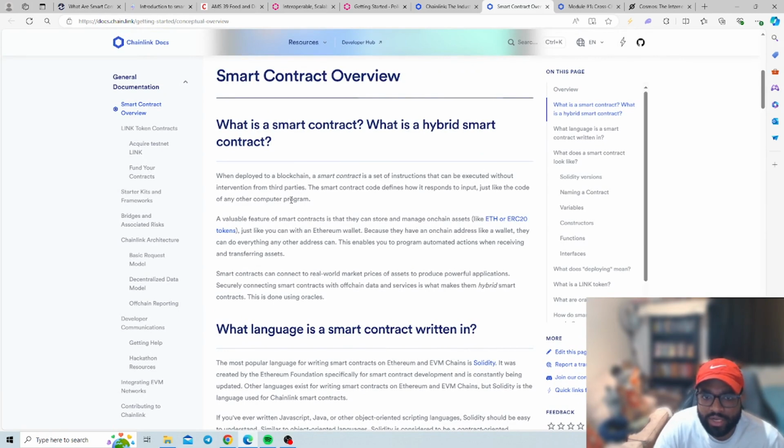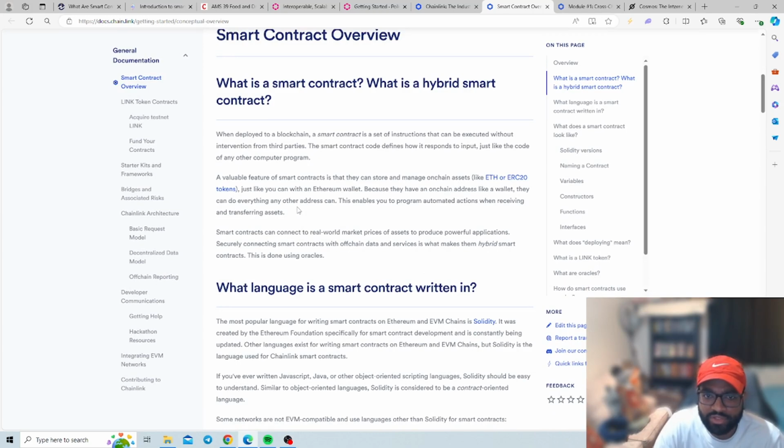When deployed to a blockchain, the smart contract is a set of instructions that can be executed without the intervention of third parties. The smart contract code defines how it responds to input, just like the code of any other computer program. A valuable feature of smart contracts is that they can store and manage on-chain assets like ETH and ERC20 tokens, just like an Ethereum wallet.